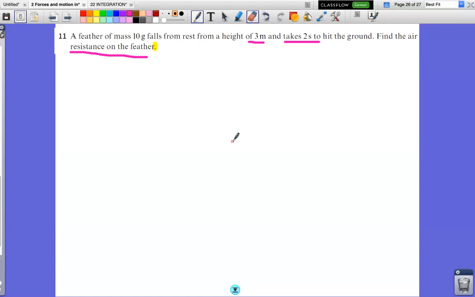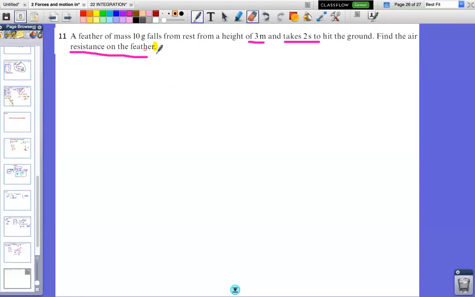So the acceleration of the feather now will not be 10 any longer, right?